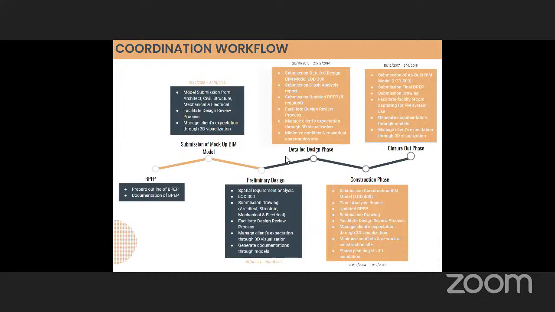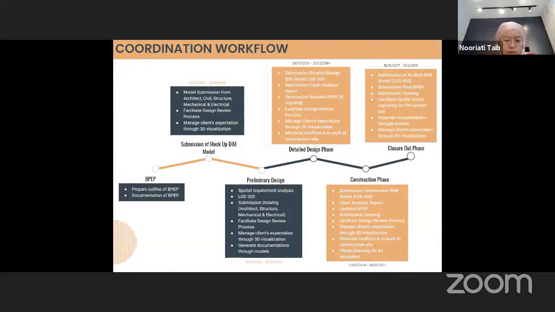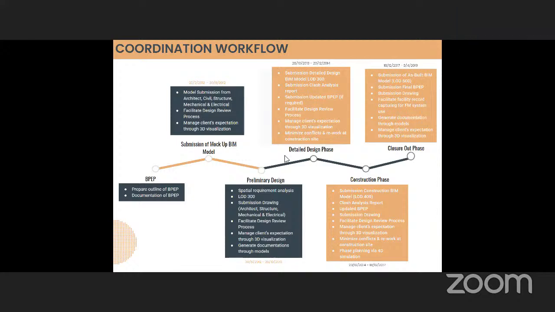And next is the preliminary design, where the activities are the spatial requirement analysis, and then the submission of drawings from the architect, the structure, the mechanical, M&E, and also facilitating design review.